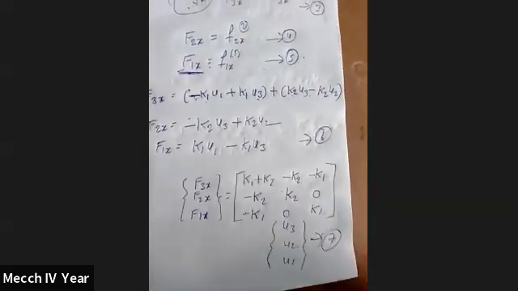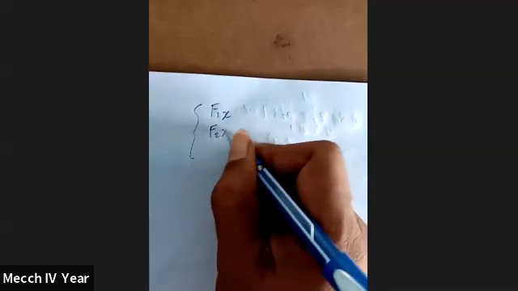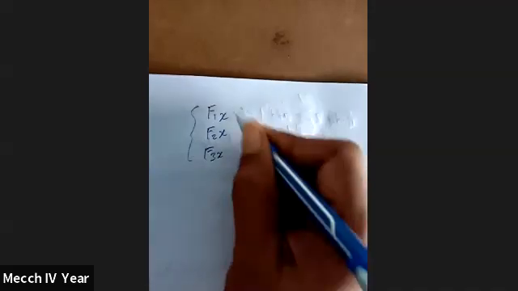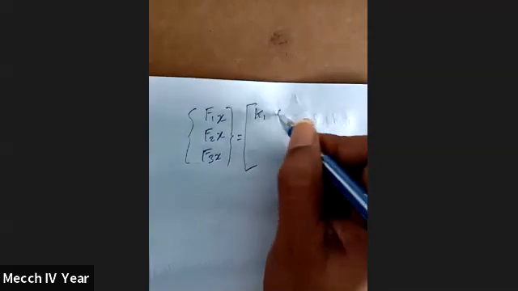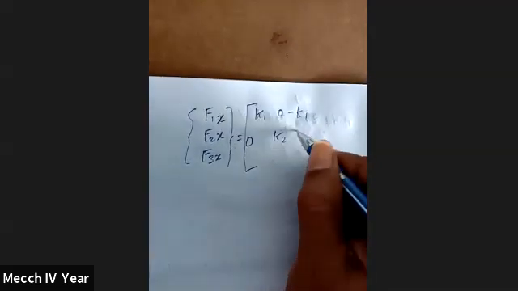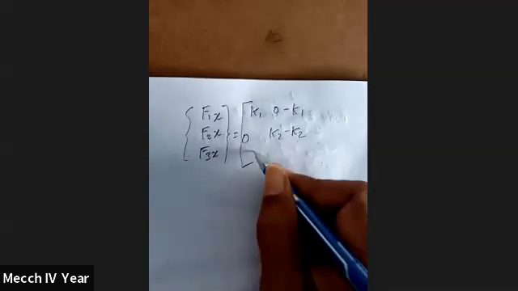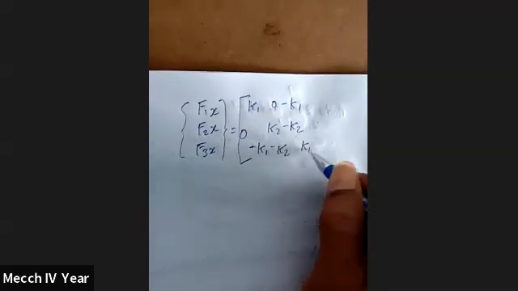This is the equation. Now we are going to rearrange it. So the same equation, rearranged numerically: F1x, F2x, F3x equal to K1, 0, minus K1, then 0, K2, minus K2, and then minus K1, minus K2, K1 plus K2.